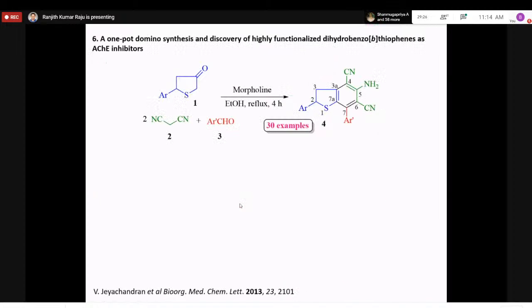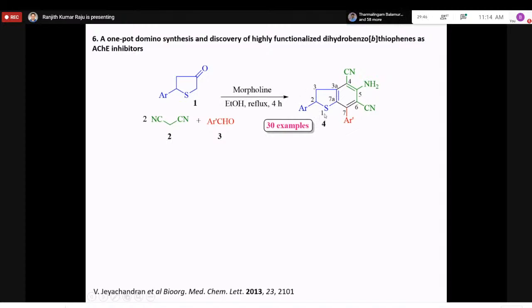In the meantime, when we explored the synthesis of cyclohexane fused pyridines or benzene systems, we wanted to make hetero systems, like the fused ring containing a heteroatom.